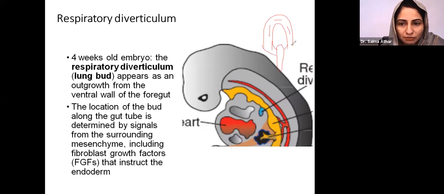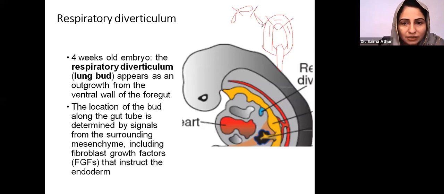But then during development, partition has to take place. And what are those partitions? The pleuropericardial membranes develop, which separate the pericardial cavity from the two pleural cavities, the two pleural cavities on the sides, and the pericardial cavity here. Then another membrane separates the pleural cavity from the peritoneal cavity.